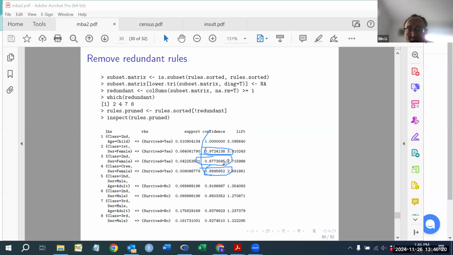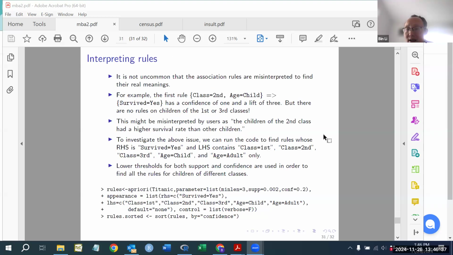So nothing is about first-class children or third-class children, right? So this may give you some idea that maybe the survival rate for the first class and third class children are low because they didn't appear, right?